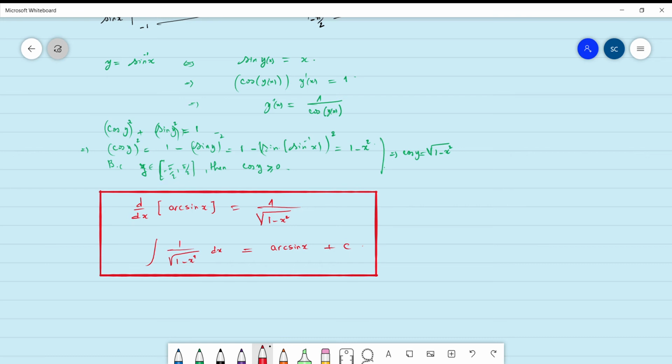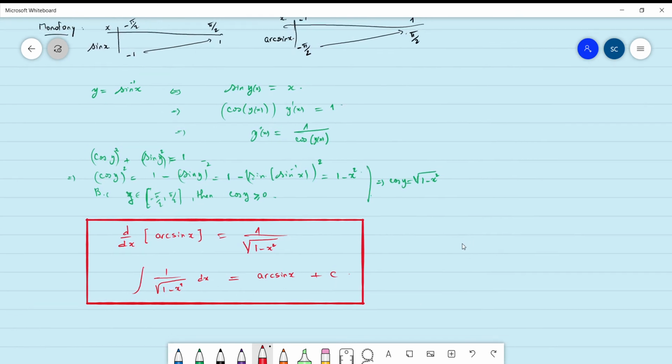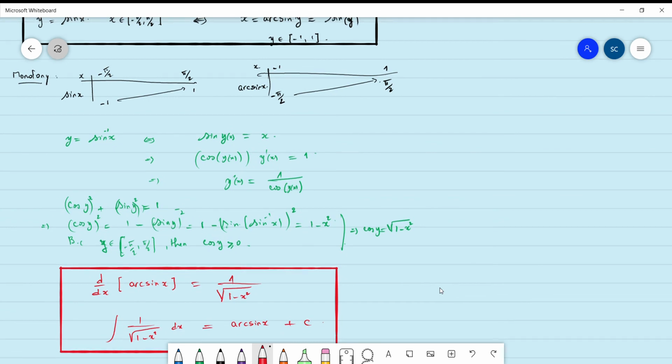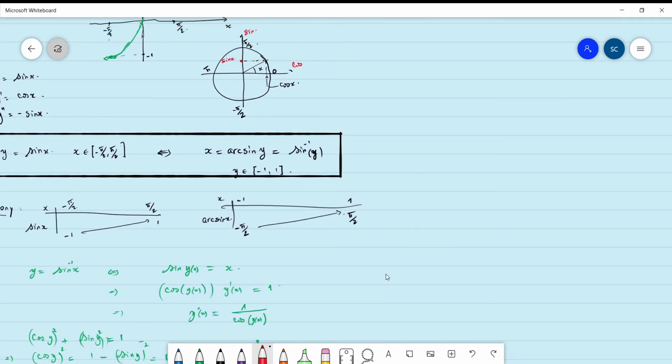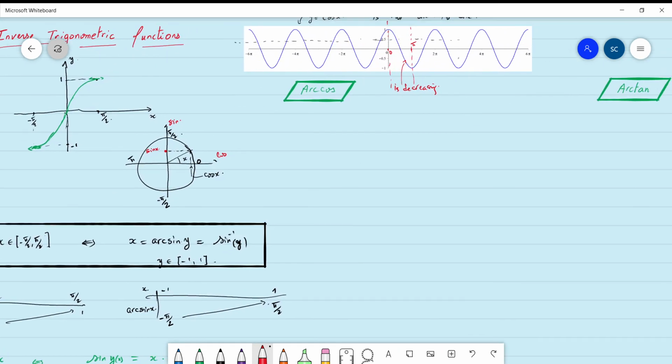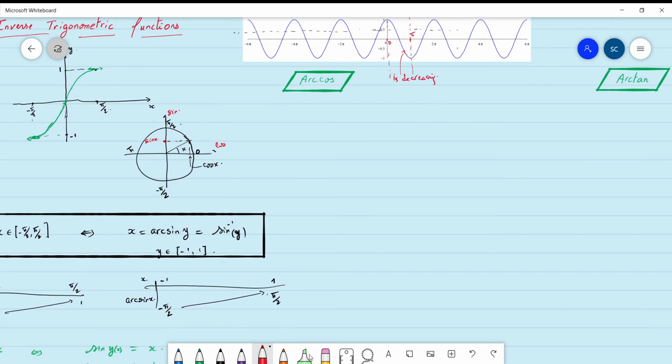Great. So knowing that, we can have several different questions about these new functions: limits, continuity, differentiability, many things.